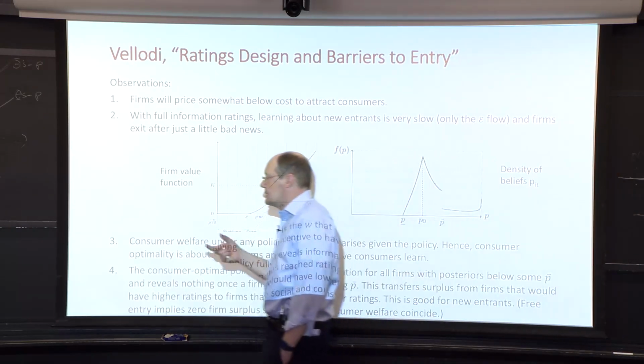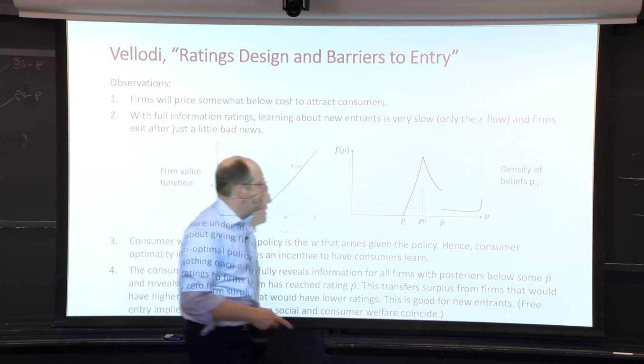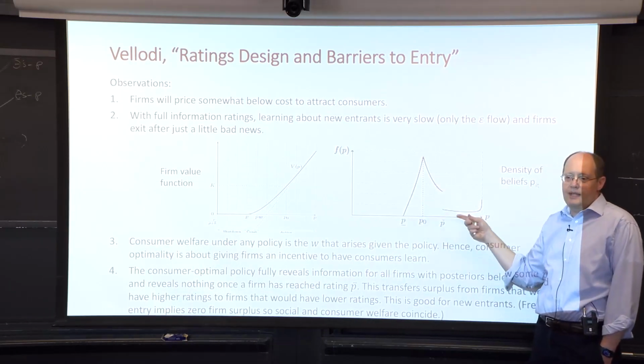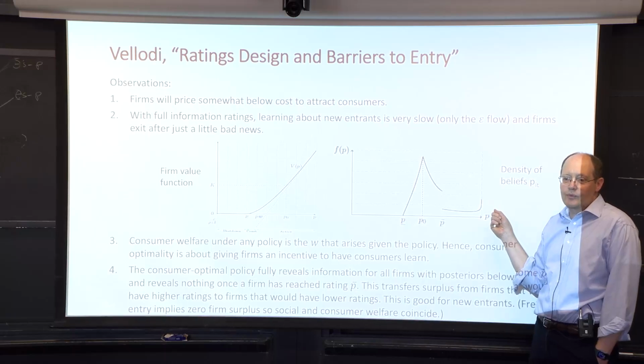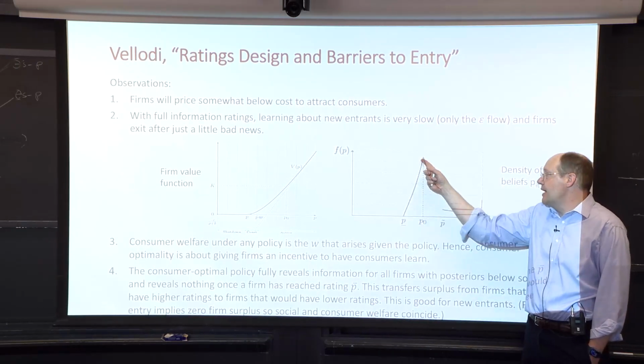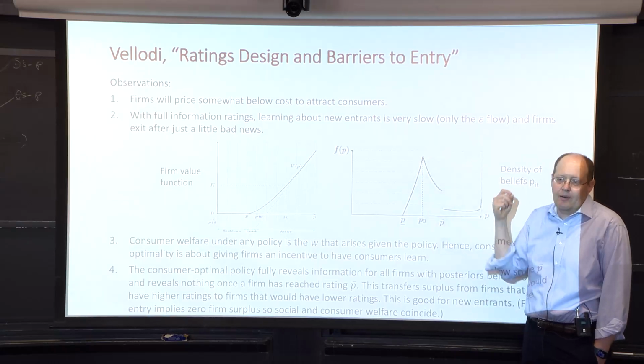But since new firms are much more likely to be here than here, you're willing to pay more to get up if you take some of the surplus away from the really successful firms and give it to the moderately successful firms. That raises the incentive to price in that way.